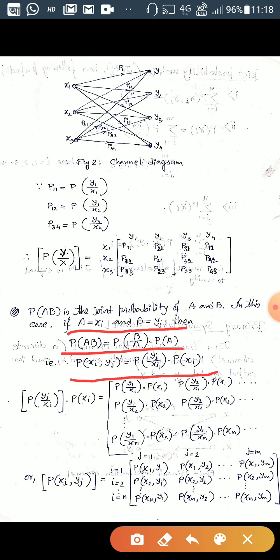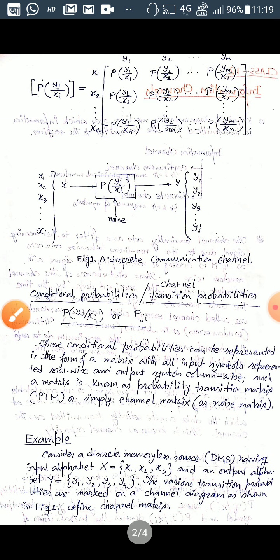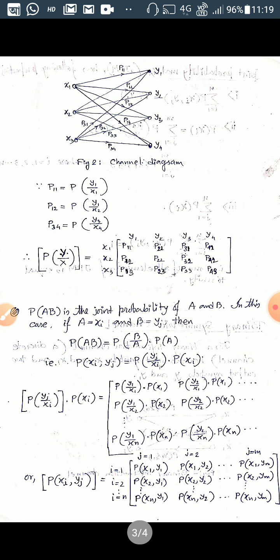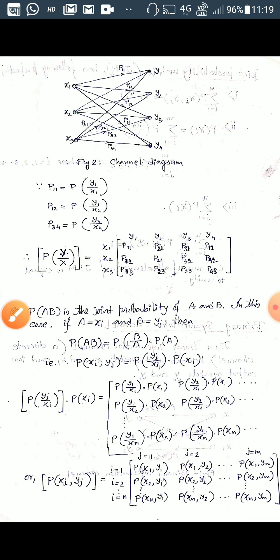So the modified version of this will be written as such. If you convert the conditional probability matrix into the joint probability of input and output, the matrix will look like this one. Sometimes it is required for mathematical calculation, so it is required to be memorized.